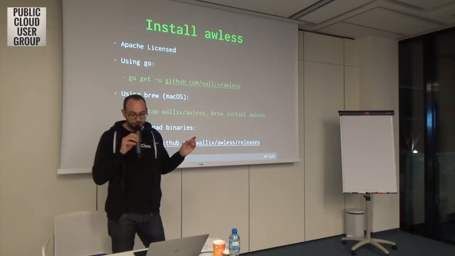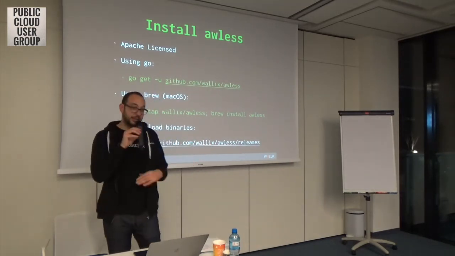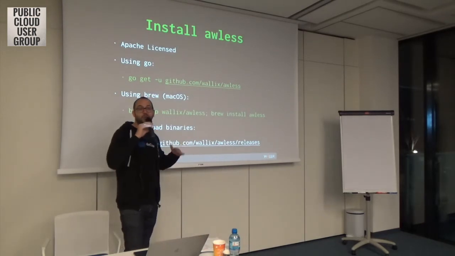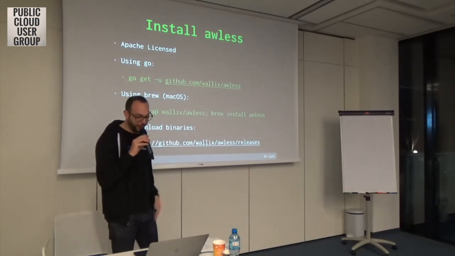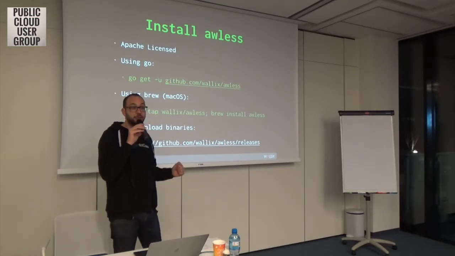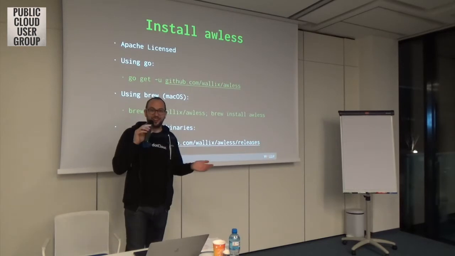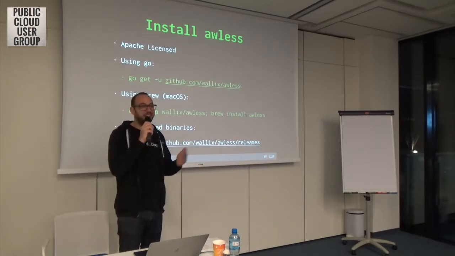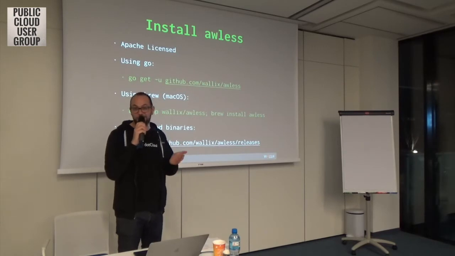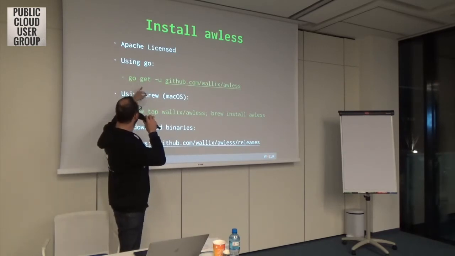So, to install AWLESS: AWLESS is fully Apache licensed. As I said, there is no Pro or other version, so the full version is the GitHub one. It's built using Go. I don't know if there are many Gophers here, but if so, you're welcome to join. If not, it's a good occasion to learn about Go.